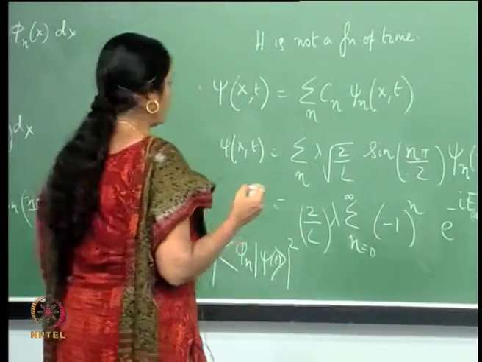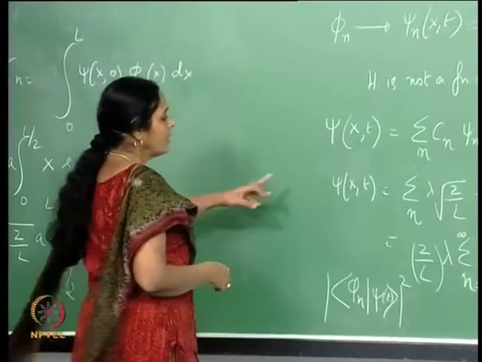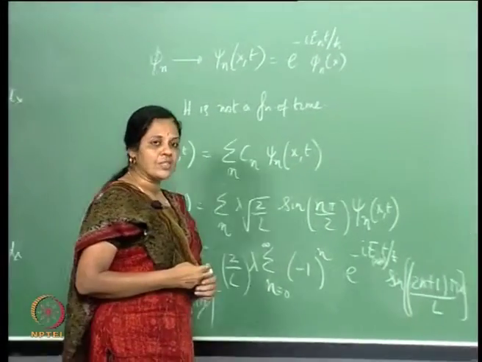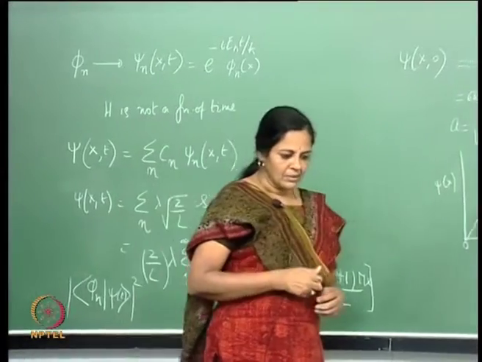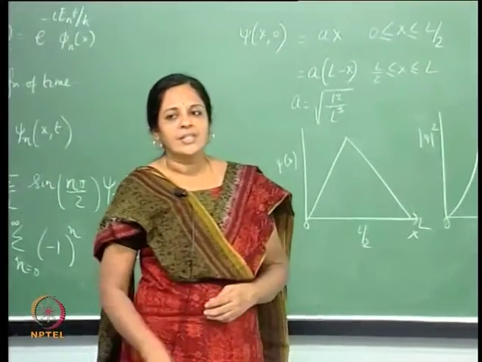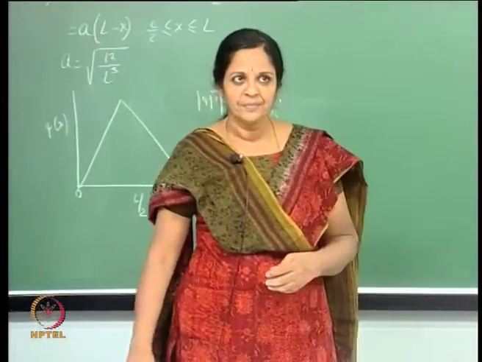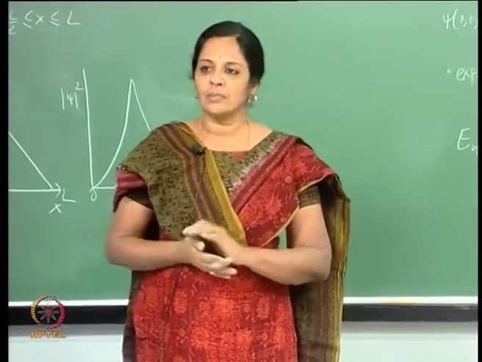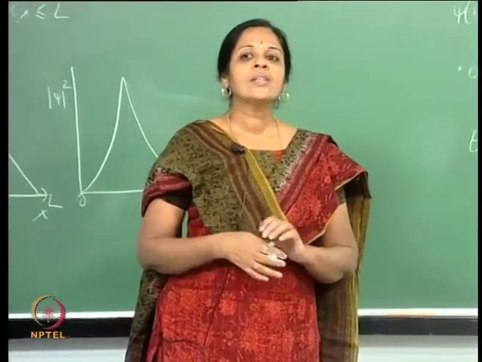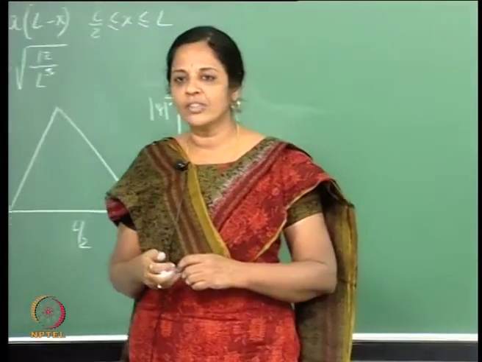And in general, now you have a machinery by which you can get hold of psi of x t. Given an initial state psi of x comma 0, which is not an energy eigenstate, in many physical problems one is compelled to find the subsequent evolution.